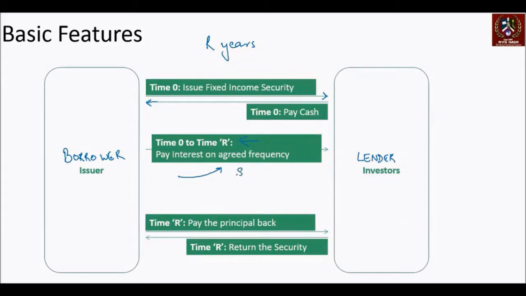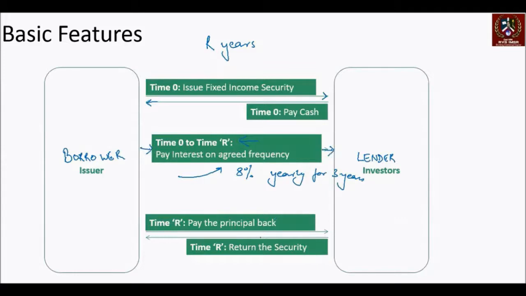In our case, 8% yearly for 3 years. That's what we had discussed in our previous case, right? 8% yearly for 3 years is going to get paid from the borrower to the investor.